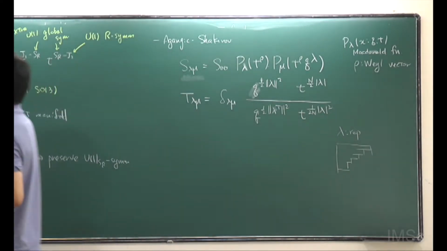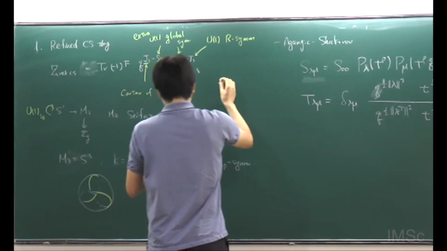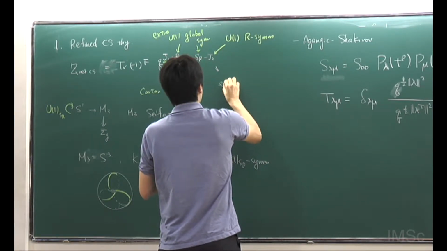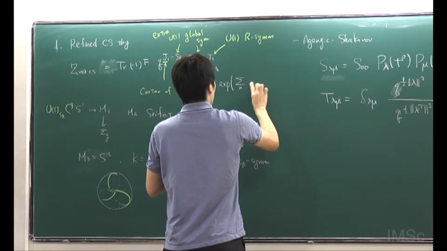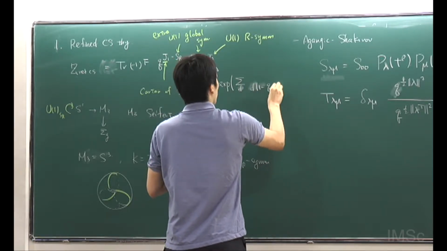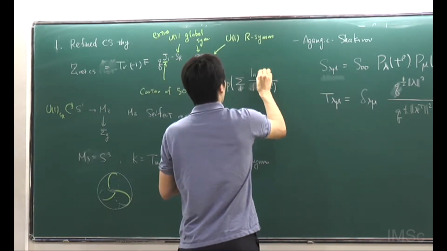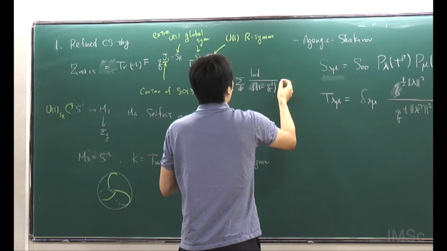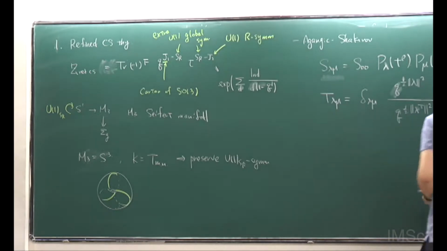I will explain more in detail around here, but the index can be considered as the... So the index can take the following form: the exponential of the sum of n, 1 minus t to the d. How do I get this one?